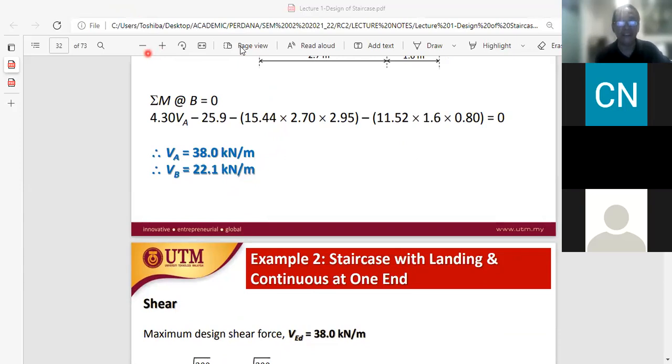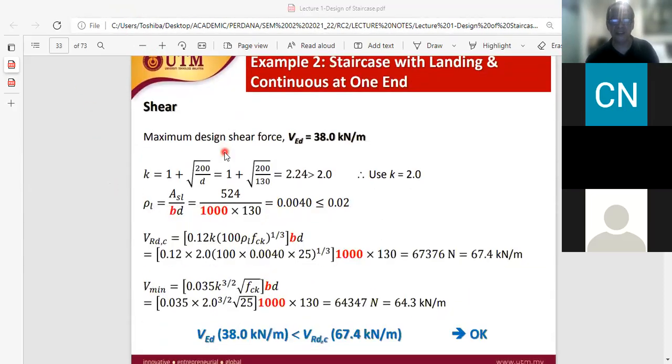We have two resistance. Shear resistance ada dua. One is evaluated based on VRDC, the shear resistance without any shear reinforcement. Dan yang kedua is the Vmin, the minimum shear resistance. So these two values ambil yang terbesar.